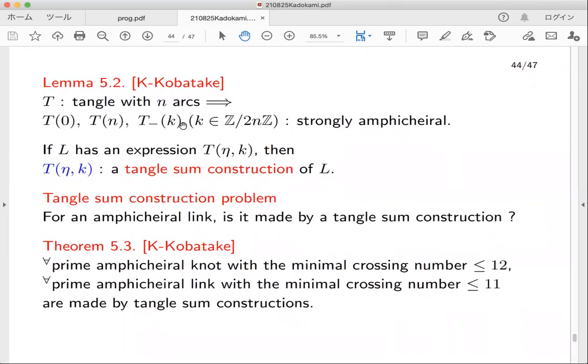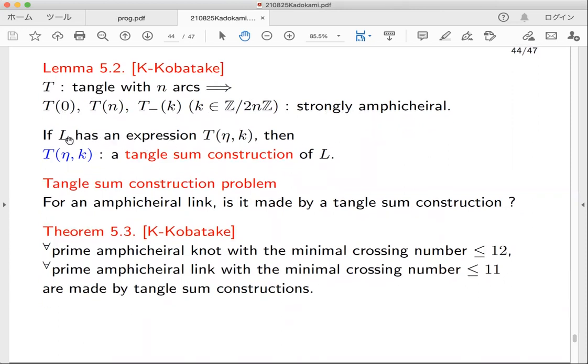This is almost a final sheet. Let T be a tangle with n arcs. Then T_0n and T_minus K are strongly amphicheiral.